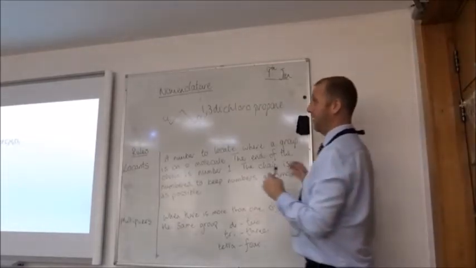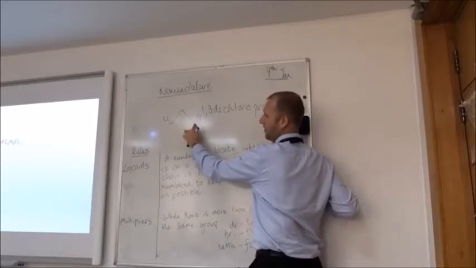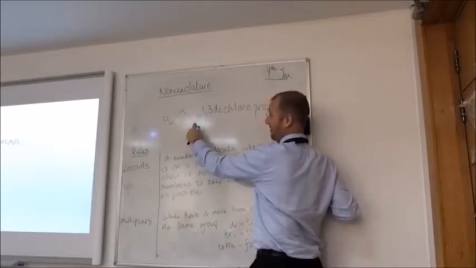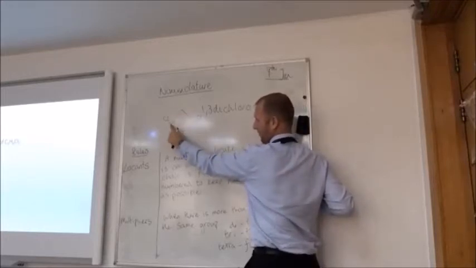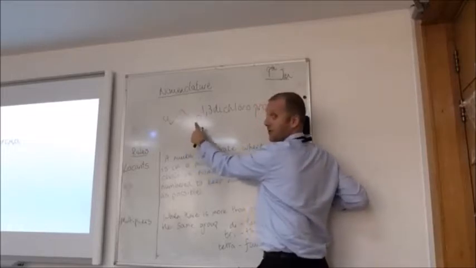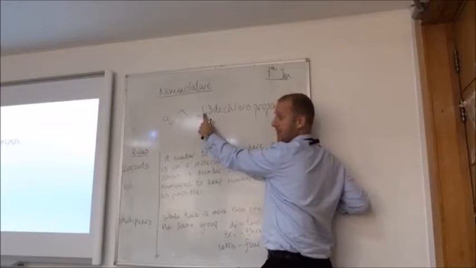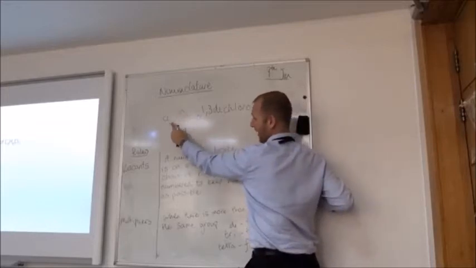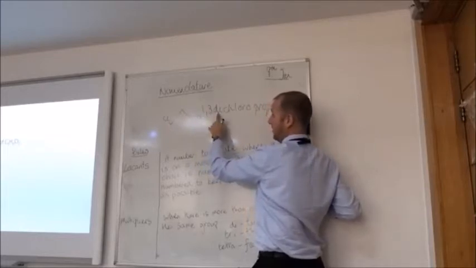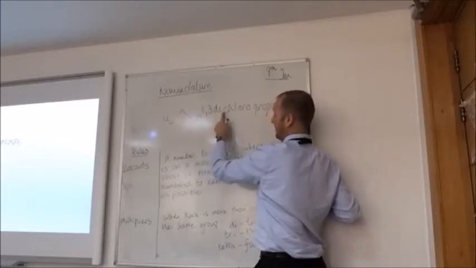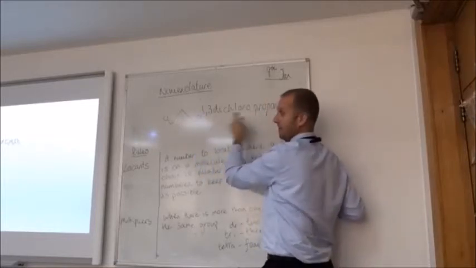Okay, so the locants part. I need to look at the chain. For propane it doesn't necessarily matter, but this is carbon 1, carbon 2, and carbon 3. One of my chlorines is attached to carbon number 1. The other chlorine is attached to carbon number 3. So I go 1,3, di, because there's 2 of them, chloro, because they're chlorine, propane, because I have a chain of 3.